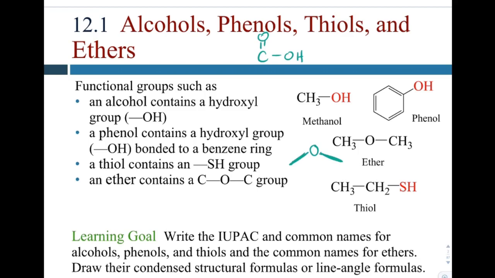But you know that it is going to be bent because this oxygen will have these two lone pairs hanging out up here like it does in water, so you're going to have a bent structure in your ether. For some reason to me that looks like something flying, and I guess that helped me remember ether. Maybe because ether is a volatile gas and so it flies through the air. Hopefully that will help you with that.